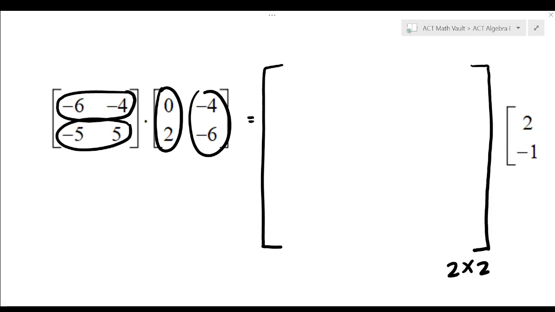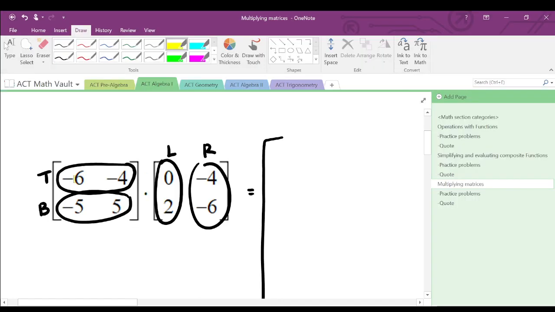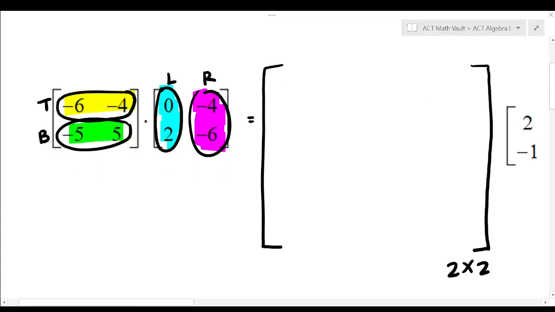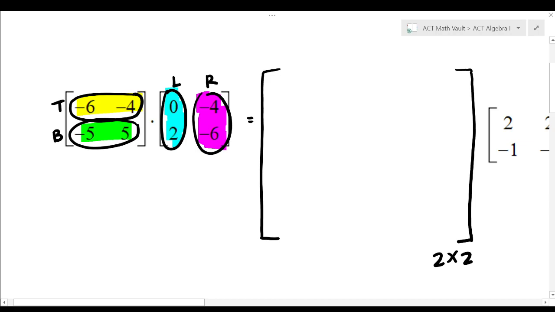We have a top and a bottom, and then we have a left and a right. What some people do is they will color code these so that you can think of them as different groupings. It's nice to see them show up over here in color, so I can follow that.